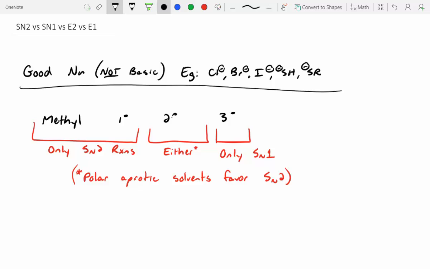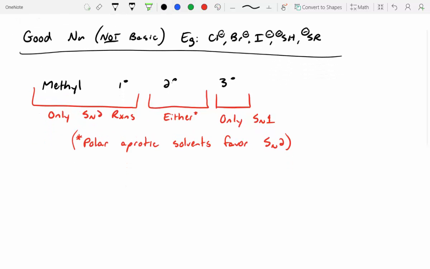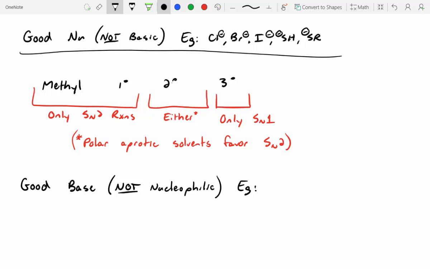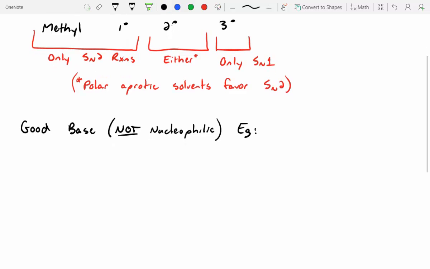What if we've got a good base that's not nucleophilic? Does anybody have some examples of good bases that are not good nucleophiles? Sodium hydride. Yeah, sodium hydride.